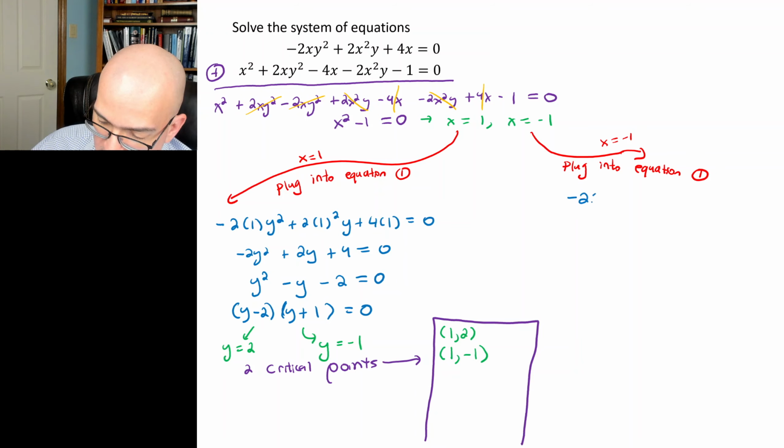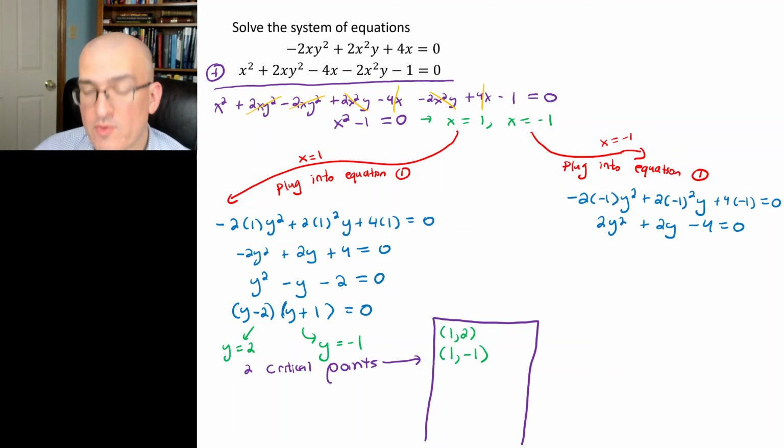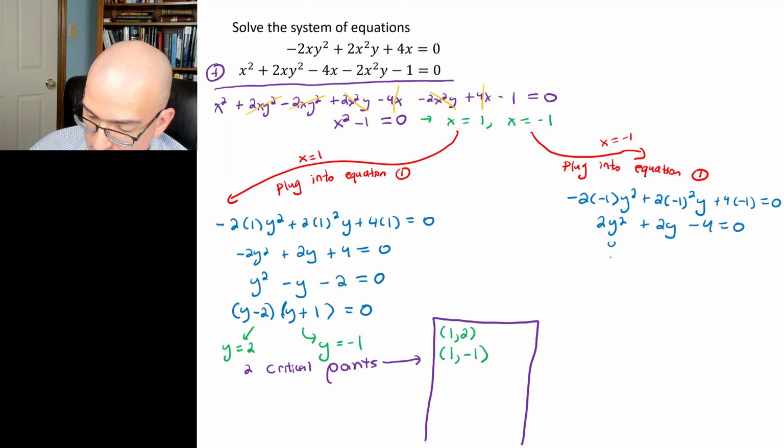We have negative 2 times negative 1 times y squared plus 2 times negative 1 squared times y plus 4 times negative 1 is equal to 0. Simplifying, 2y squared plus 2y minus 4 is equal to 0. I'm going to divide both sides by 2. y squared plus y minus 2 is equal to 0.